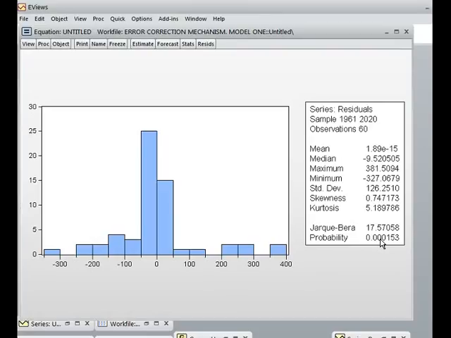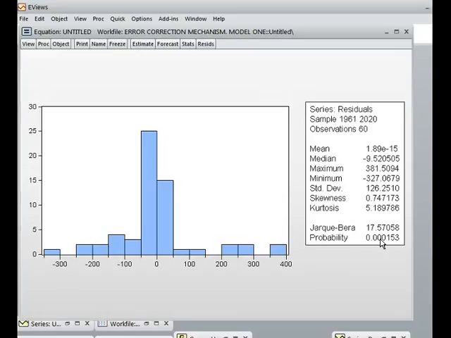What is our alternative hypothesis? The alternative hypothesis is that the residual is not normal. The residual of the error correction model is not normally distributed, but that is not desirable. What is desirable? The residual should be normally distributed. That is desirable.